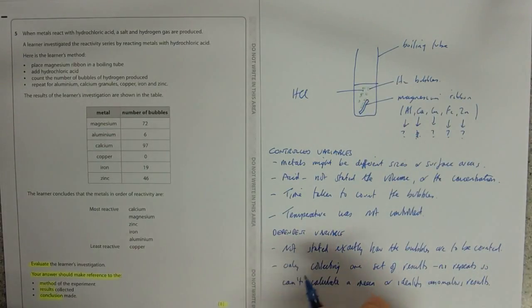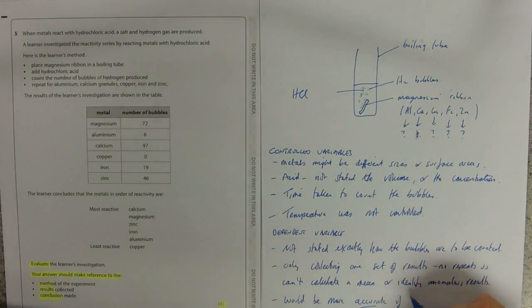That might be another one, but a gas syringe is the best way. So would be more accurate if measured volume of H2 gas produced using a gas syringe.